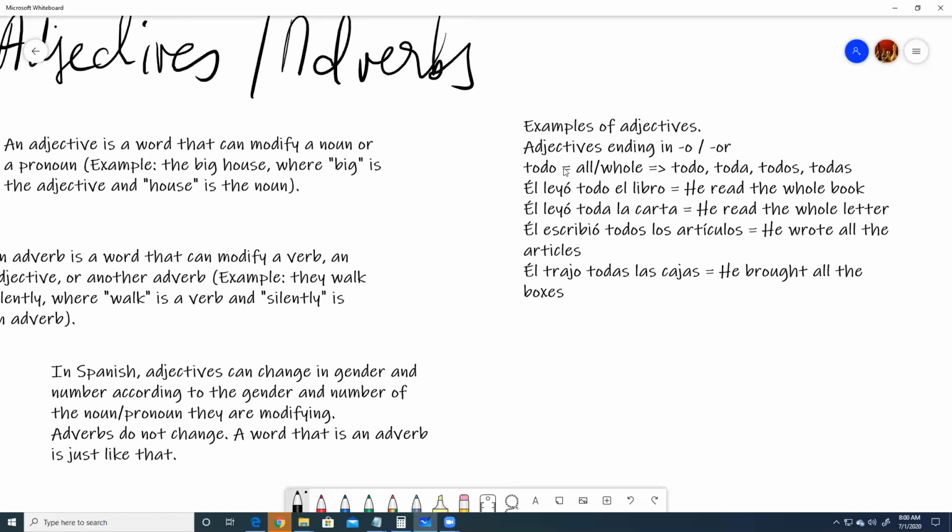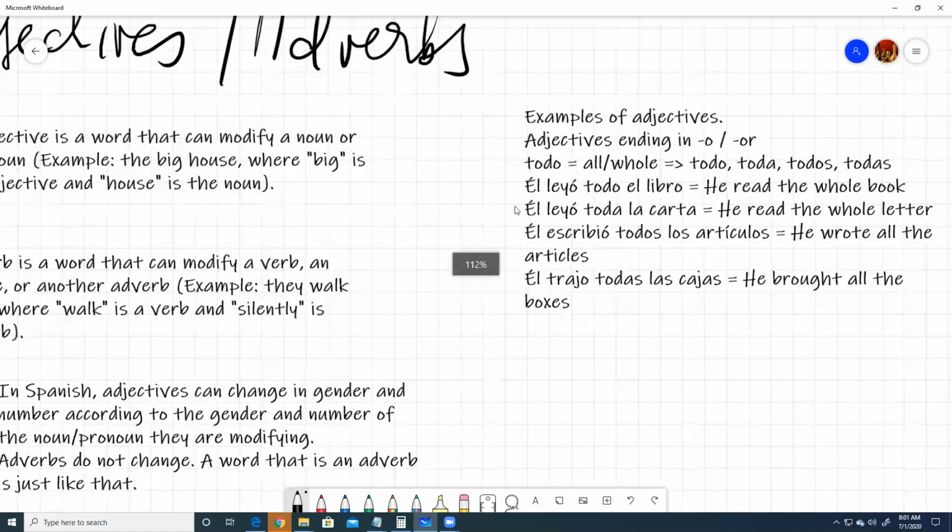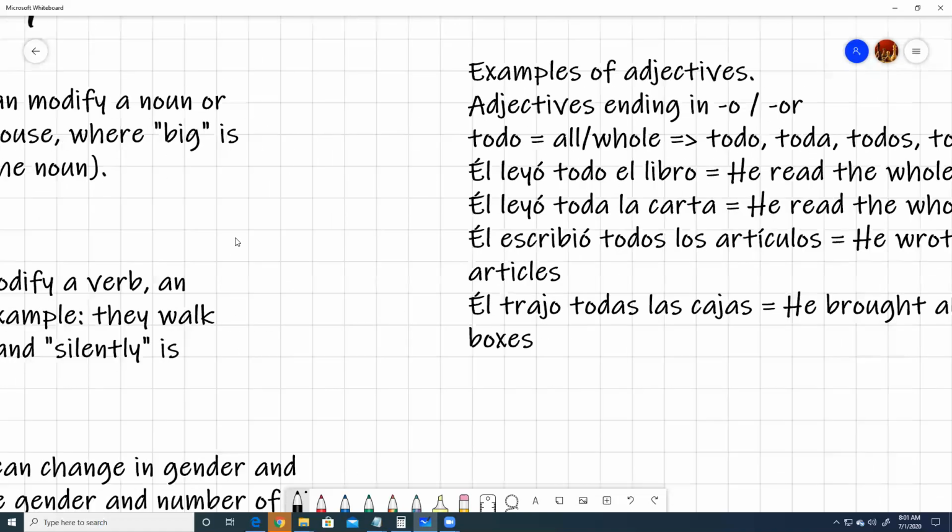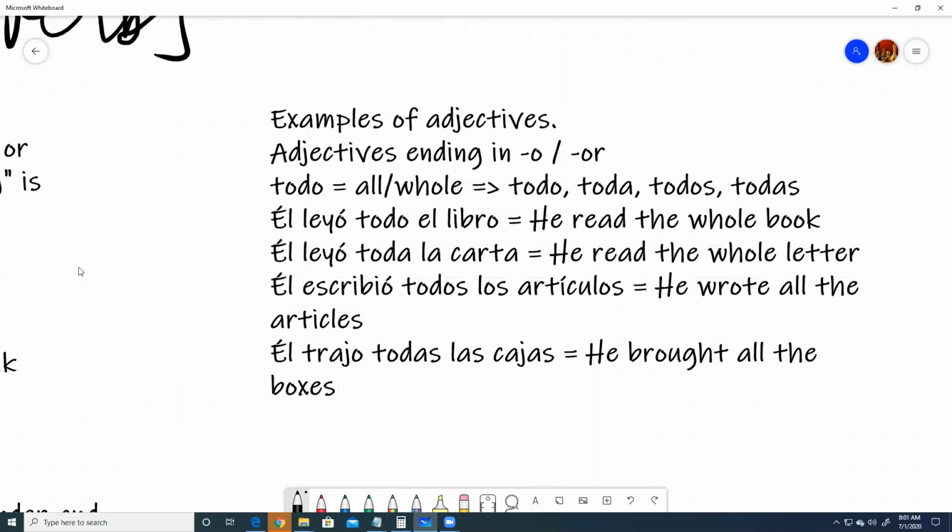So for example, the adjective todo ending in o has the 4 options: todo, toda, todos, and todas. So we put it bigger. We can see that this ending, todo, has 4 options: the masculine singular, the feminine singular, the masculine plural, and the feminine plural.